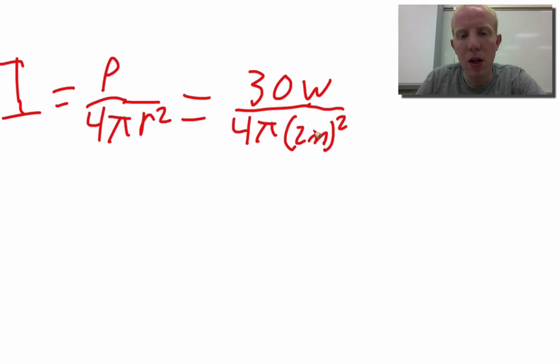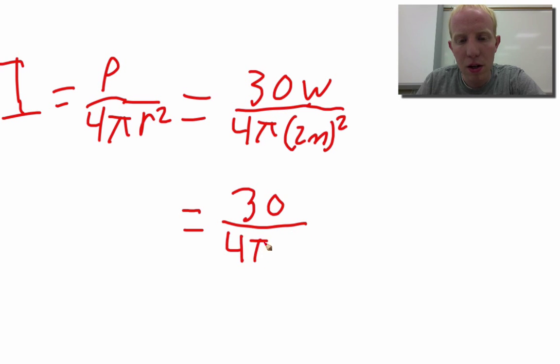Okay, so now what we want to do is, again, separate the units from the numbers. So I'm going to take all the numbers and write them separately. So we had 30 over 4 pi, and that 2 was squared. Okay, that's all the numbers.